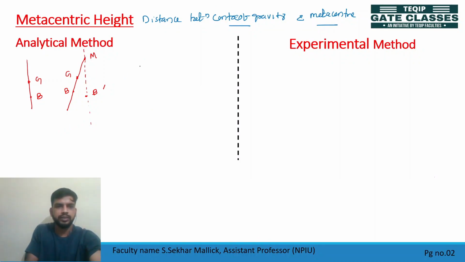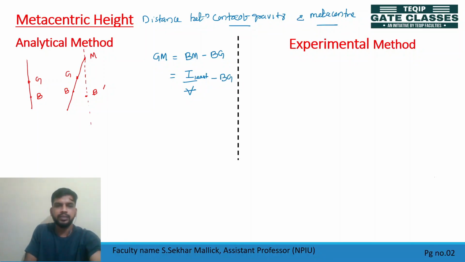How to find this GM? Can I write GM is equal to BM minus BG? Yes or no? What is BM? BM is equal to, please remember, I least by V.